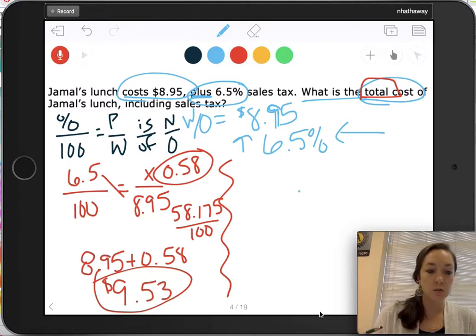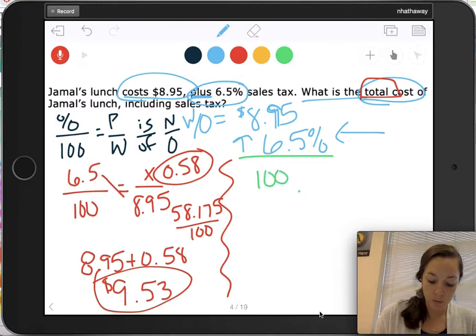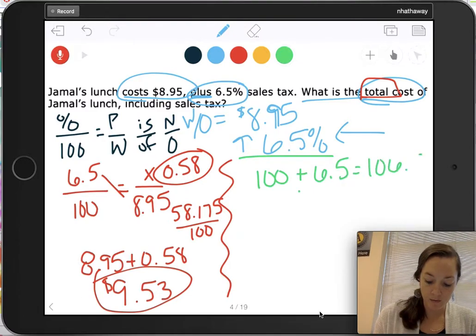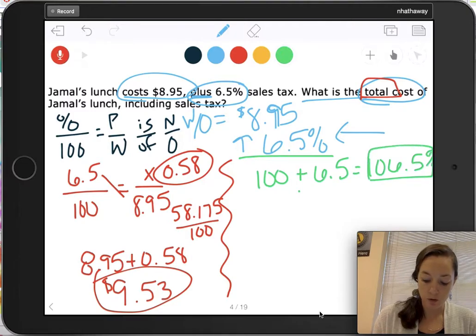Another way that we could do this, and we've talked about this, is write our percent compared to the original. So if we know that we increase 6.5%, we could say 100% plus 6.5 to get 106.5. And that would be the percent that we use when we're solving this.